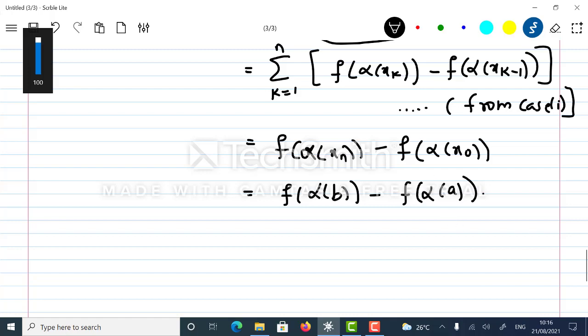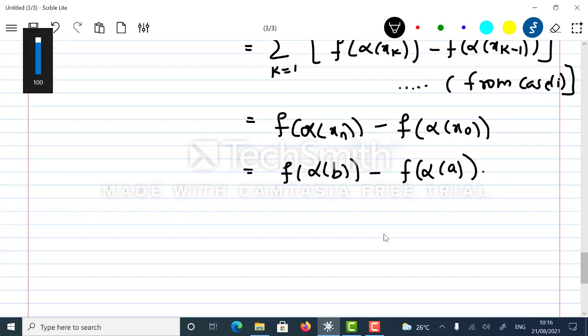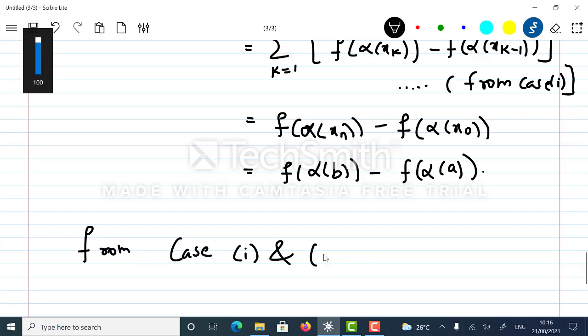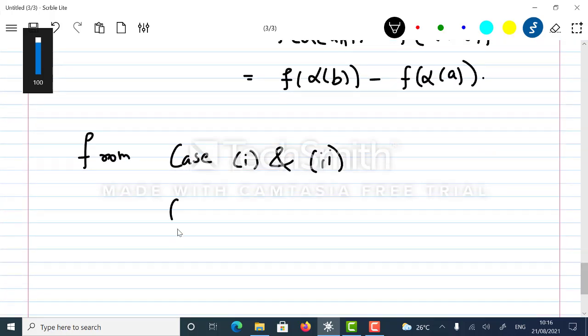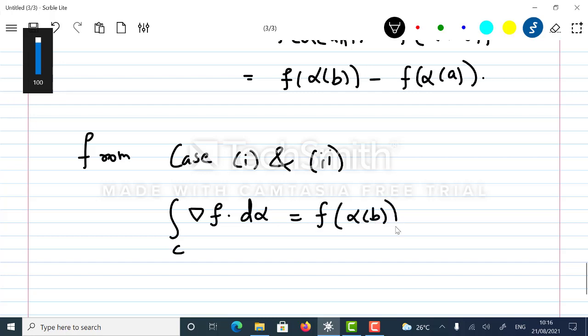So we have observed that in both cases, from case 1 and 2, we can write down that the line integral along C of gradient f dot d alpha is the same as f of alpha b minus f of alpha a.